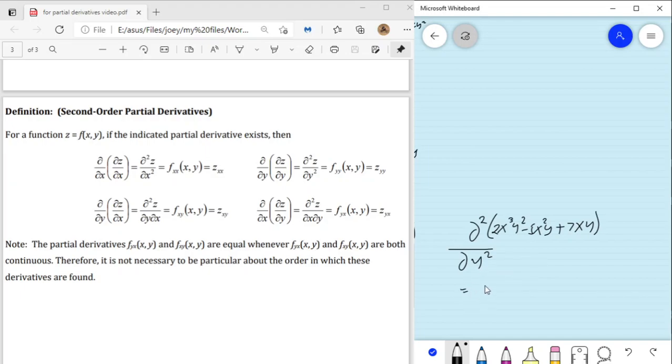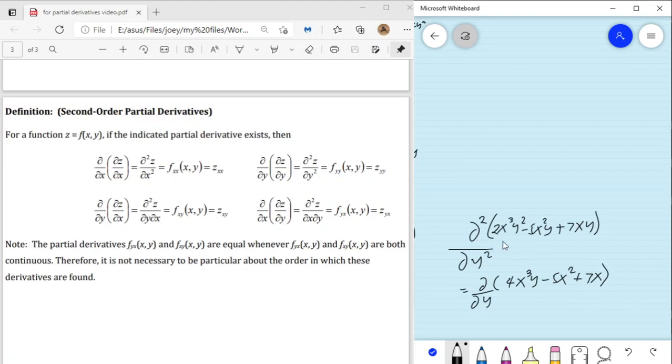So by definition, this will just be the partial derivative with respect to y of the partial derivative of that expression with respect to y. So derive this with respect to y first. x cubed will be held constant, so we'll have 4x cubed y minus, x squared will be held constant, so that would be 5x squared plus 7x.